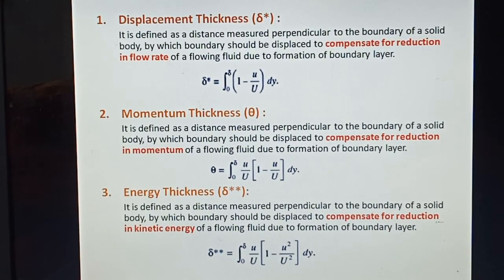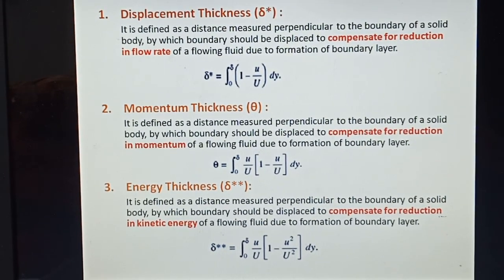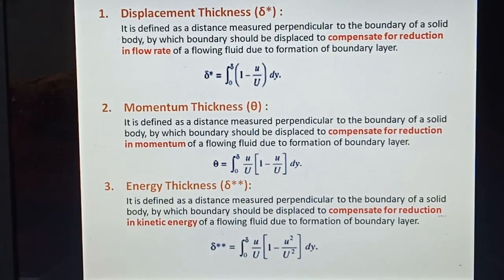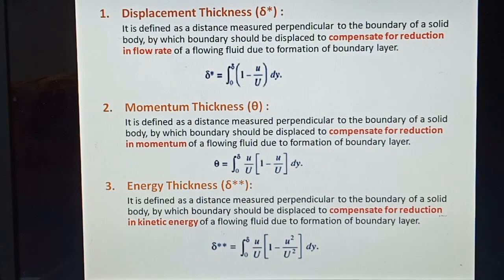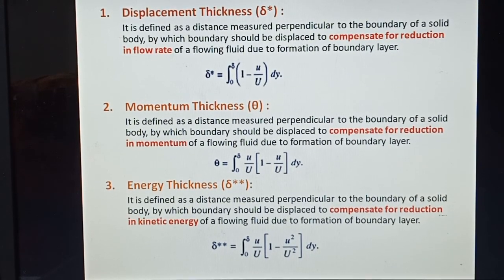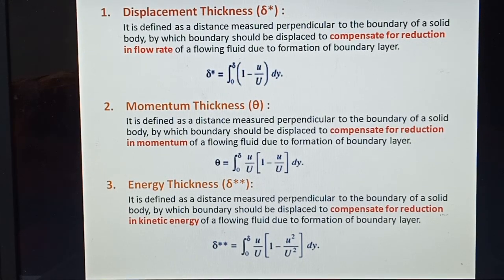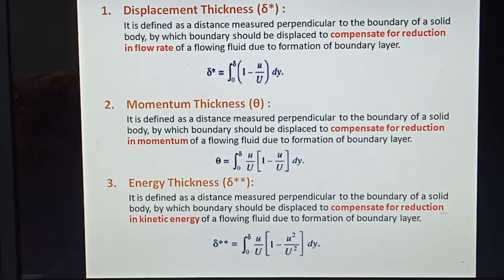The equation for delta double star is integration from 0 to delta of u upon U into (1 minus small u square upon capital U square) into dy. We have to remember these three equations for solving the numericals on boundary layer thickness. Just note down these three equations for displacement thickness, momentum thickness and energy thickness.